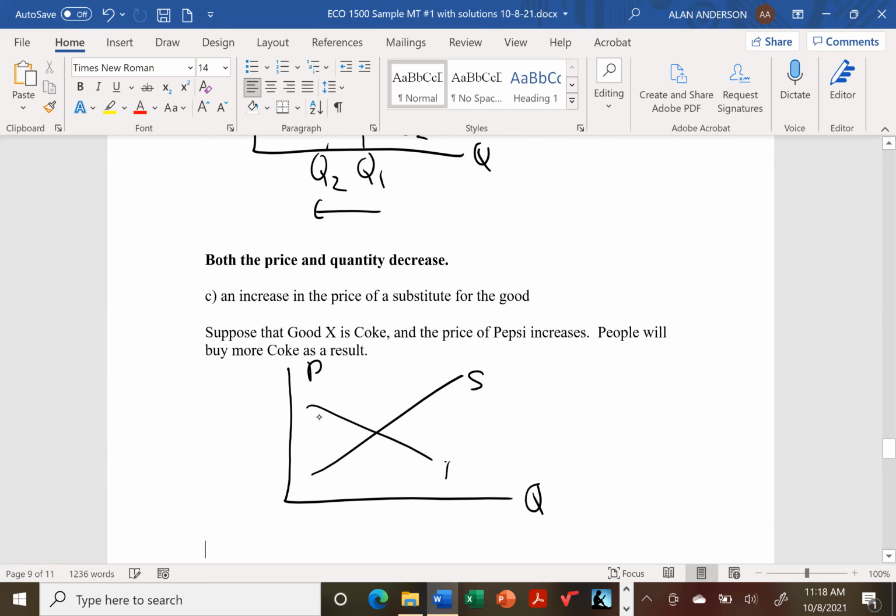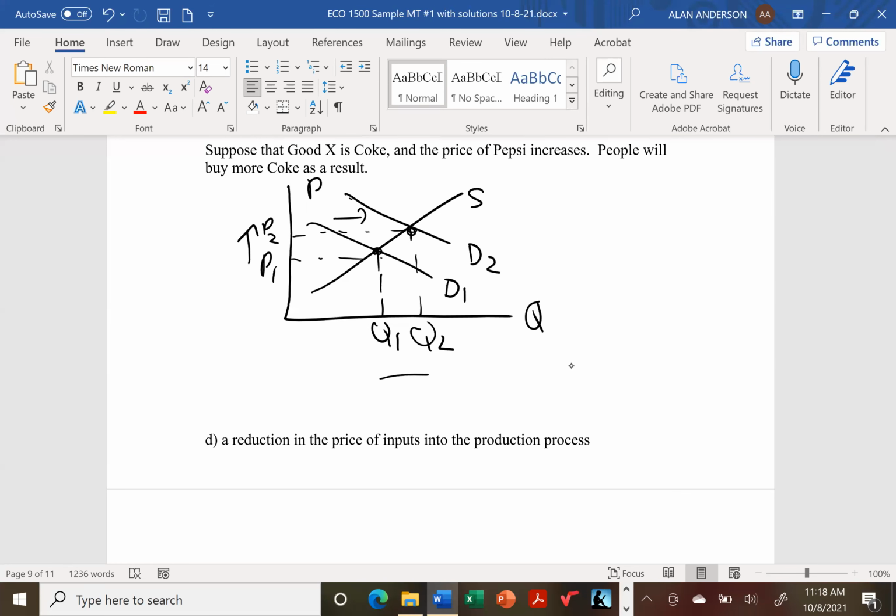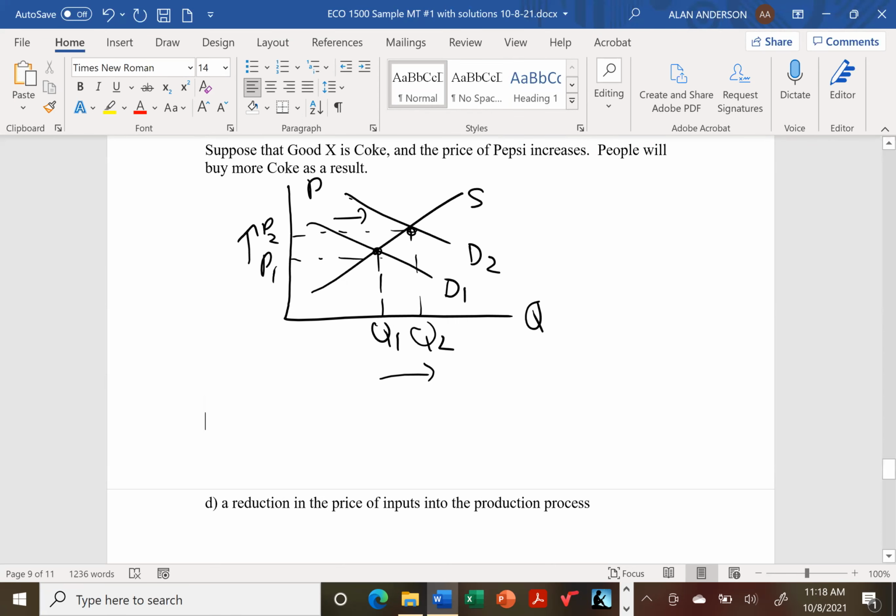And you don't have to draw these pictures every time or at all, really, unless it asks for one. But I like the idea that you're getting a lot of practice. All right, so the price, as you can imagine, goes up, as does the quantity. Okay, so both the price and quantity increase.